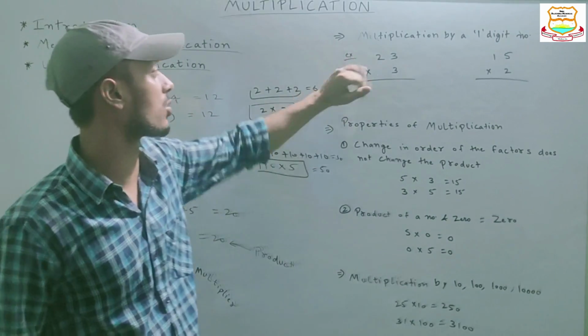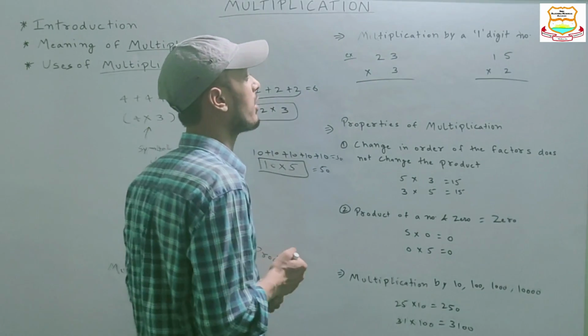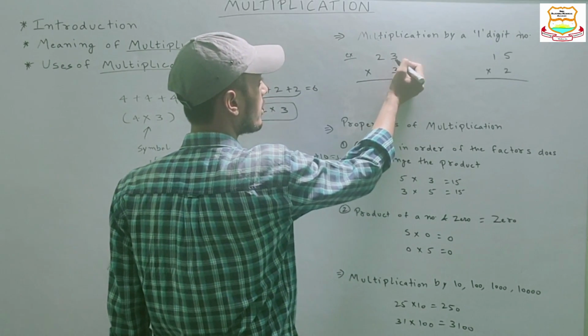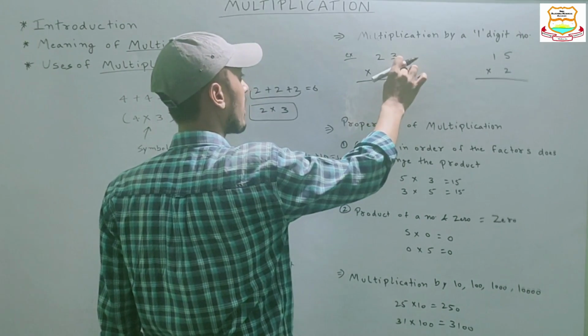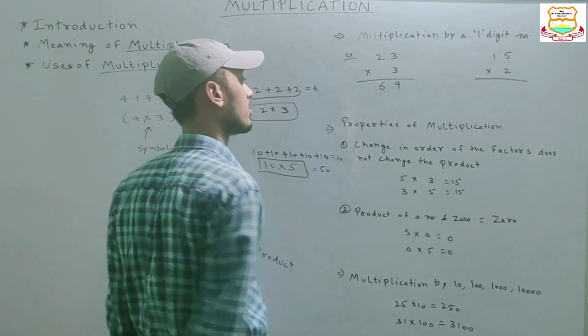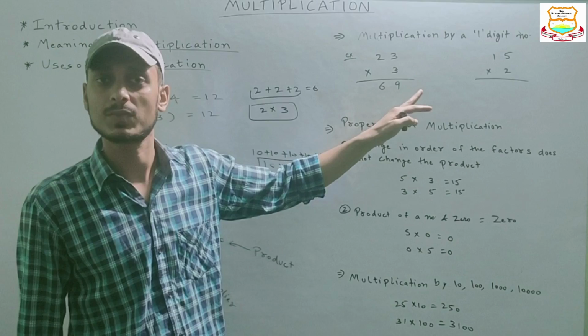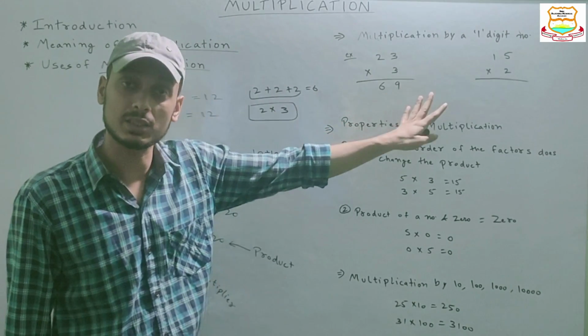The rule is so simple. You have to multiply first by the unit digit. 3 3s are 9. Then we multiply the multiplier with the tens digit. 3 2s are 6. So the answer, the product, is 69.